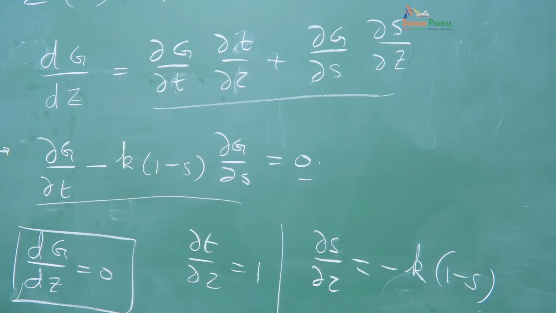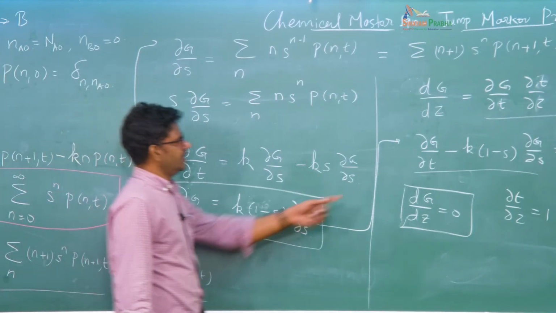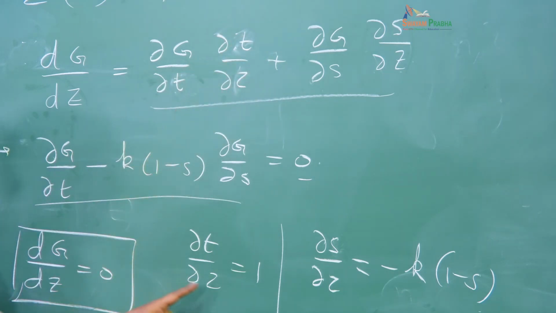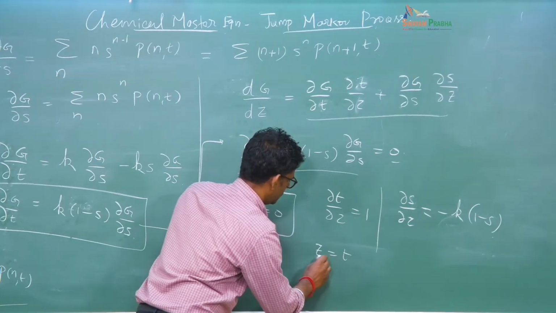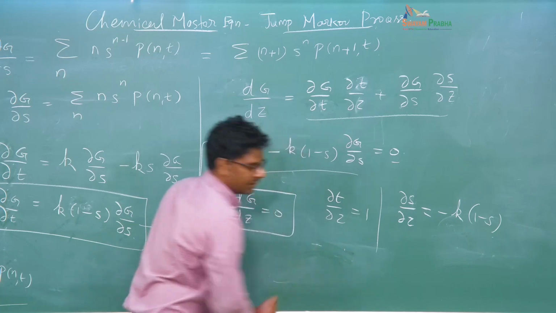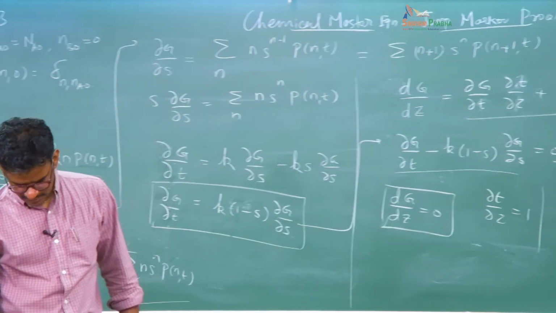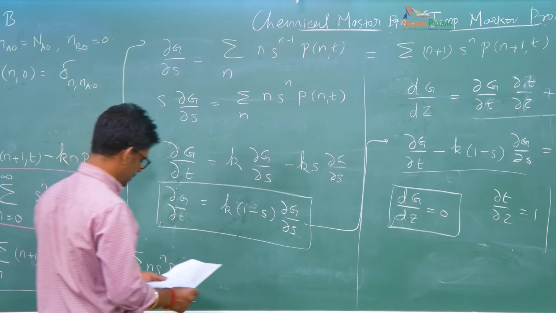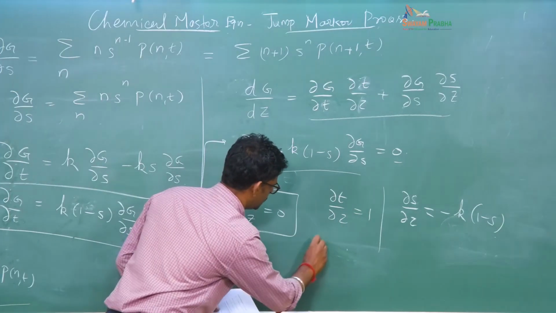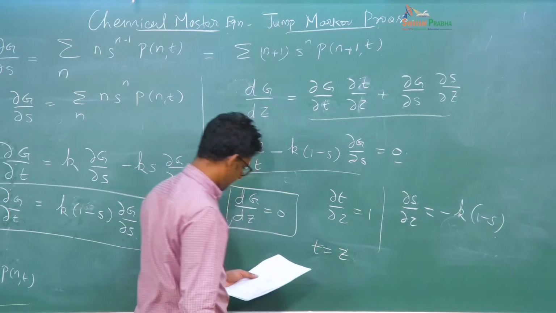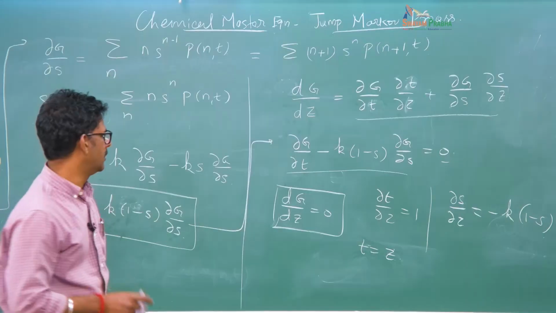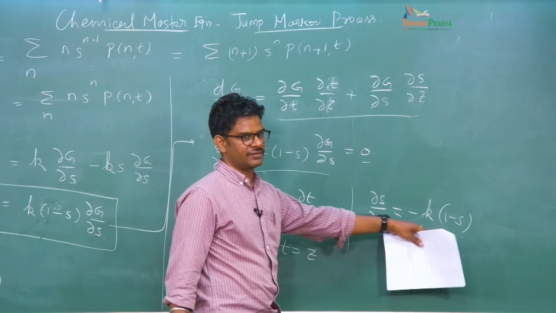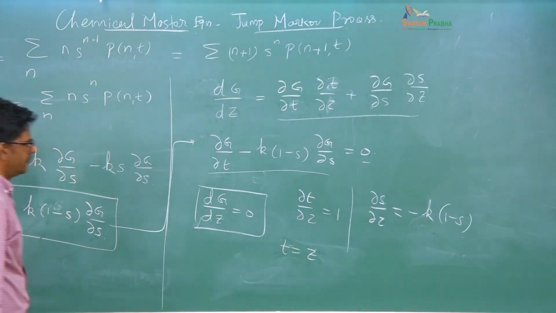Similarly, when I look at the prefactor of dou g by dou t here, dou t by dou z should be 1. This basically tells me that t is equal to z. Then if you solve this equation, we can just simply integrate this. This is just a linear first order differential equation.